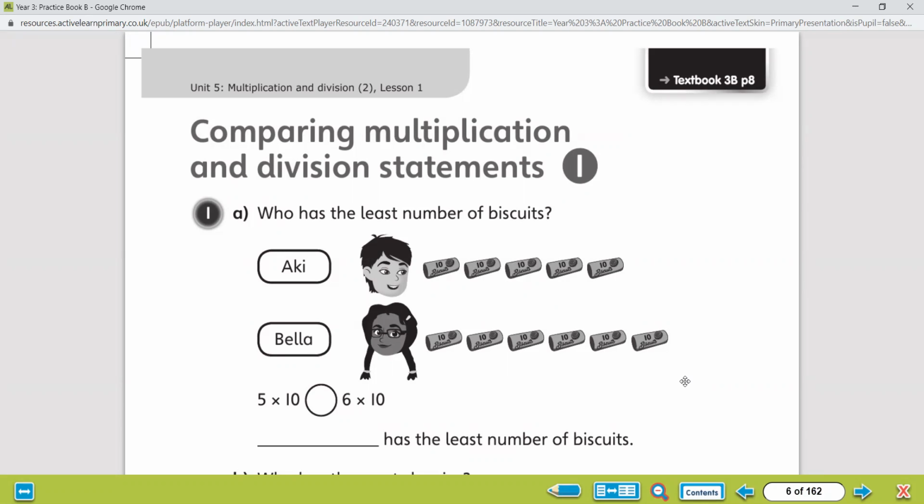So if I'm counting in tens, 10, 20, 30, 40, 50 is the number that Akai's got. Bella has got 6 lots of 10: 10, 20, 30, 40, 50, 60. So Akai has the least number of biscuits because 50 is smaller than 60. So the sign that I would use in there would be less than.